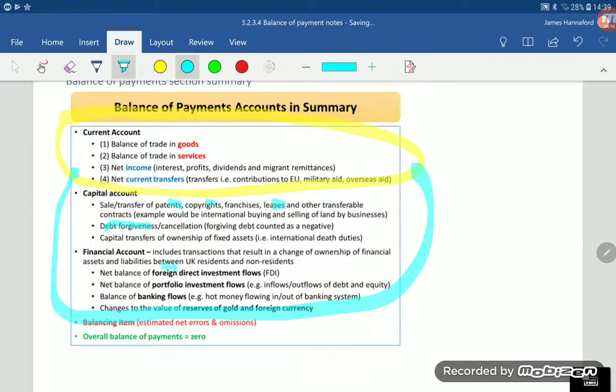Now this is particularly important for us in the UK because the foreign direct investment is significant. We have a current account deficit that is largely funded by foreign direct investment inflows. For instance, the Shard in London was financed by the Qatari government.